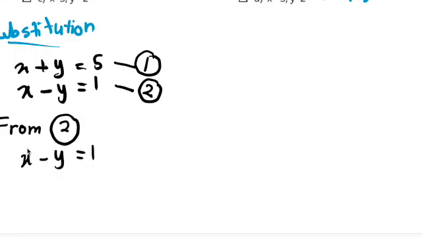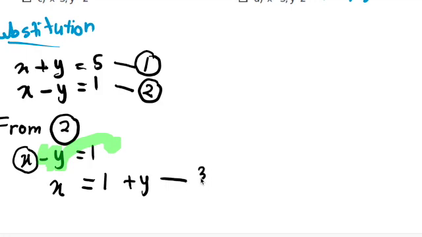Then I want to find out the value of x in terms of y, meaning that I need to backtracking y, the negative y, to the right side. So what's left on the left side is x equals to 1 plus y. So this is your equation 3.